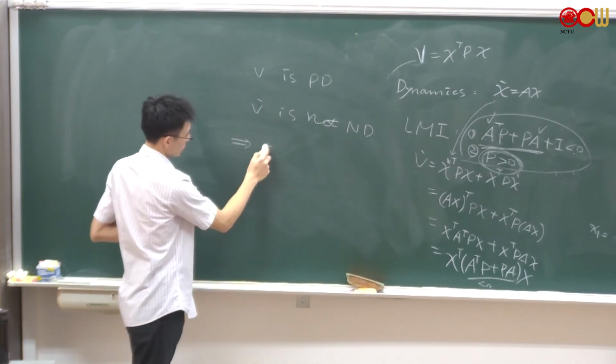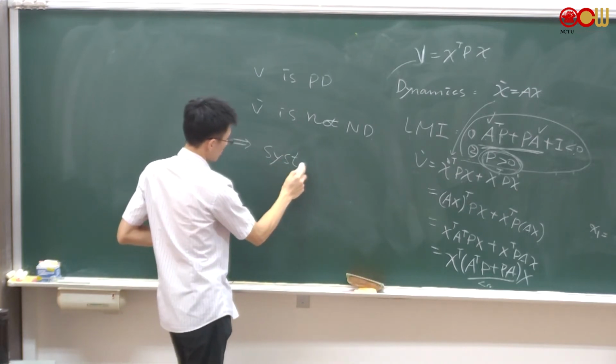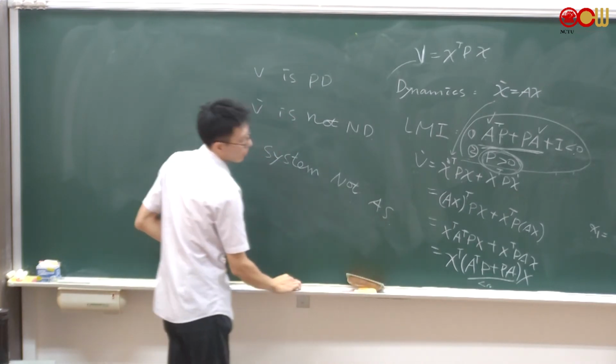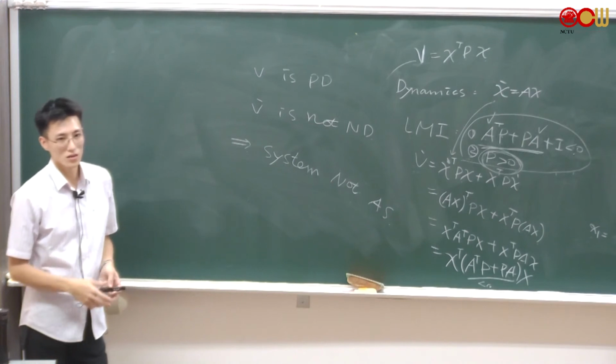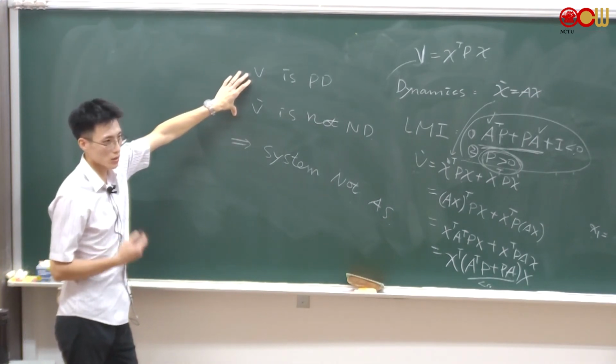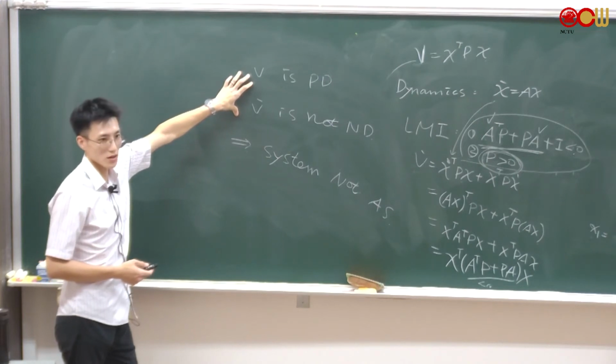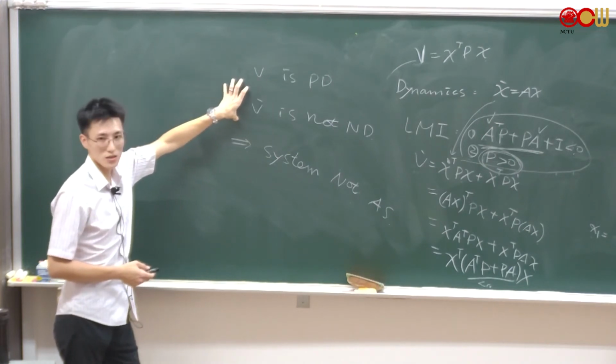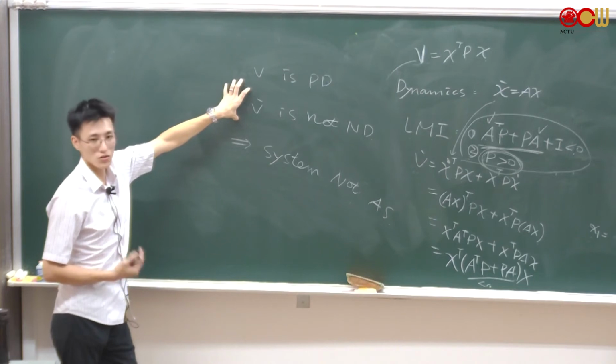Can I say the system is not asymptotically stable or not stable? I say not really, because if this V doesn't work, we need to find another V. This is only a sufficient condition.